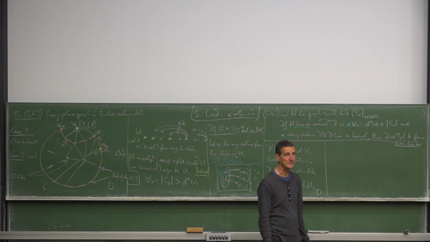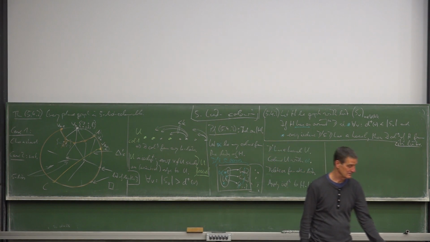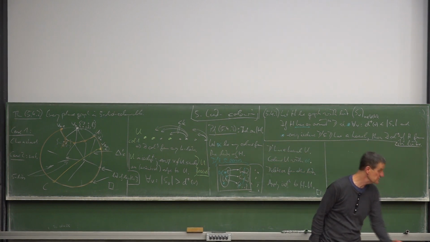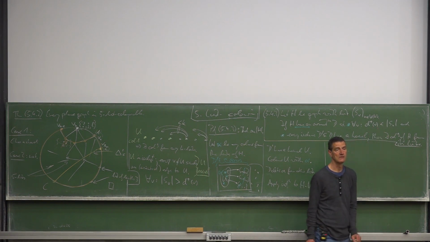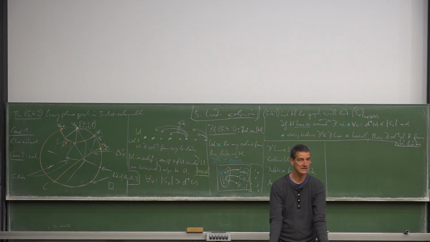Okay, then I have a question. Where did we use this assumption? There's an easy answer and a nearly easy answer. What's the really easy, simple answer? Well, I did mention it, right?